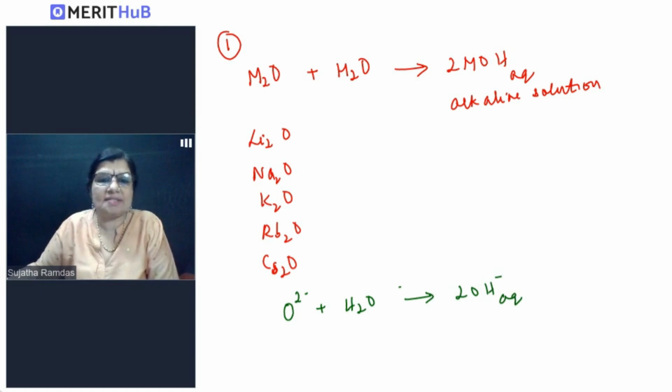In other words, whichever metal oxide can easily release the O2 minus from the oxide is the one which will most readily dissolve in water to form an alkaline solution.